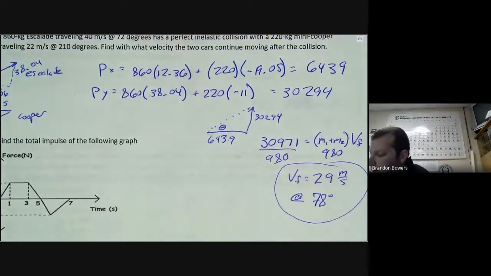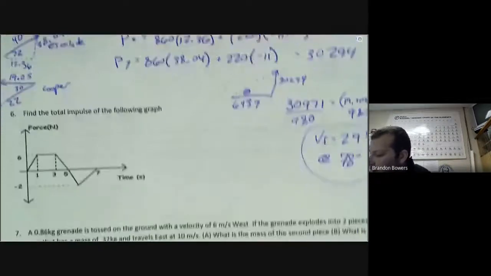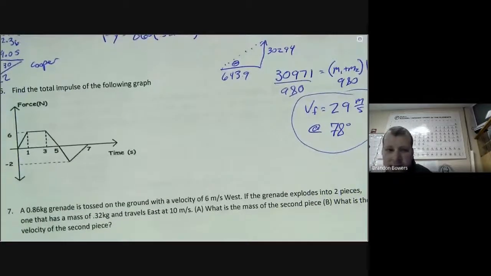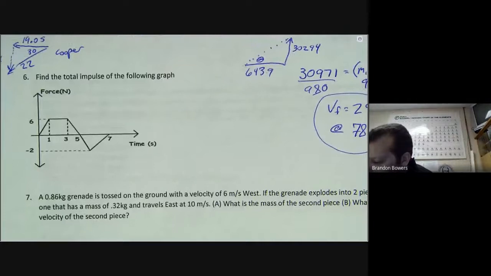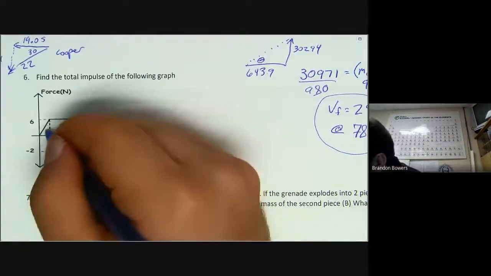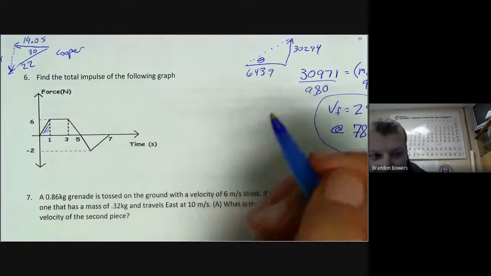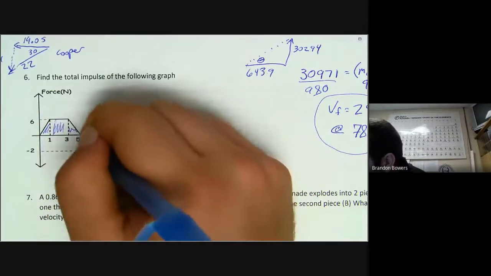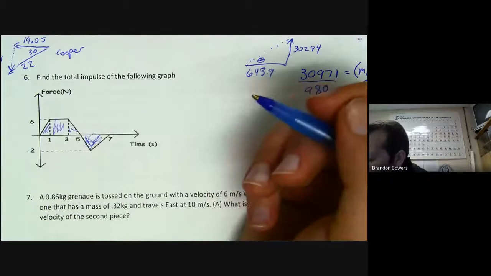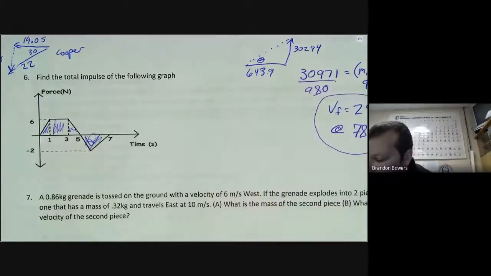Okay, let's see. Find the total impulse on the graph. Now, I would love to do this problem for you guys, but you just have to solve for area. Solve for the area, solve for the area, and solve for the area. A triangle is 1/2 base times height, and a rectangle is base times height.